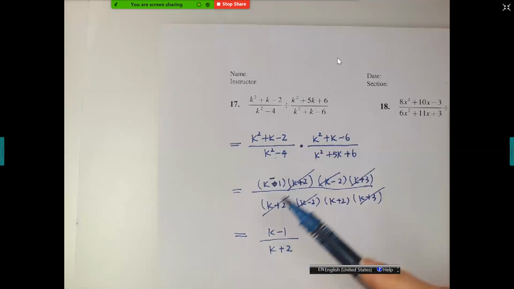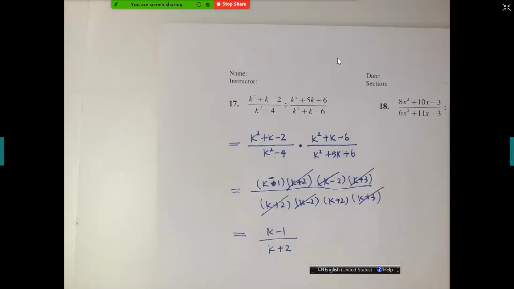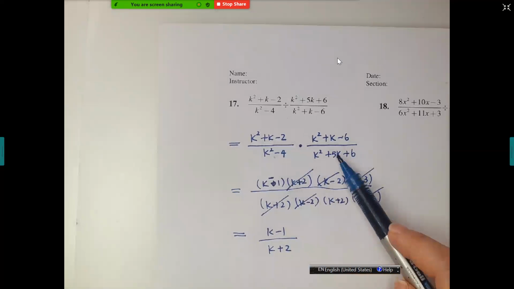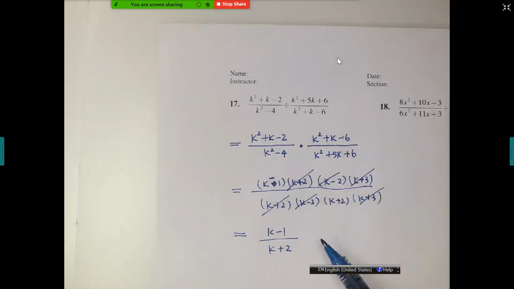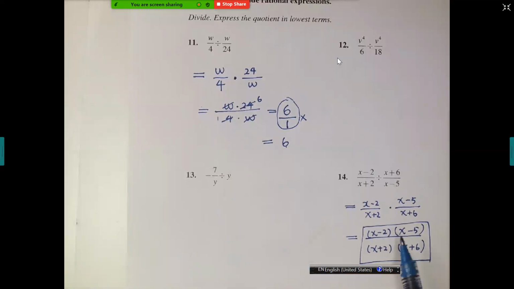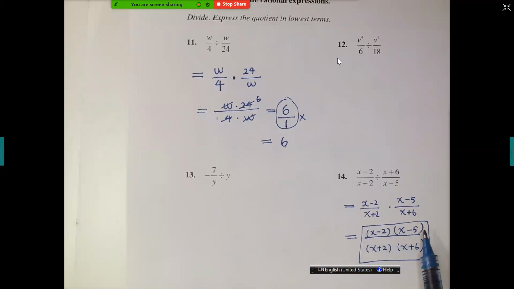Then instead of doing the multiplication, we actually do the opposite. We try to factor each polynomial. After we factor them, cancel the common factors, write down the leftover. If there are multiple factors left, just keep them in multiplication form. Just make sure you put them in parentheses. You do not need to actually multiply them out.